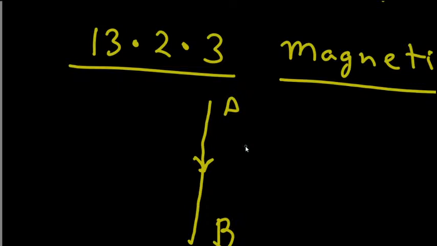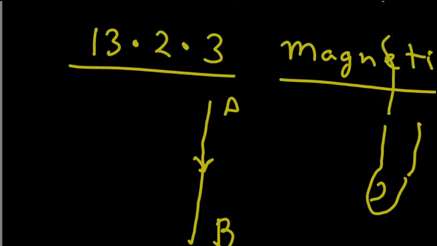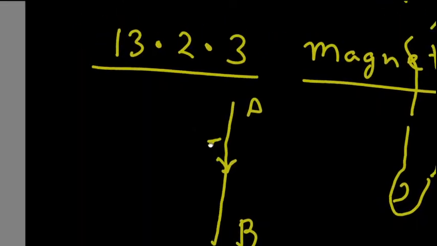We have to write the right hand thumb rule, which means I keep my hand in such a way that my thumb is pointing in the direction of the current, and I see that my fingers are curling in like this.